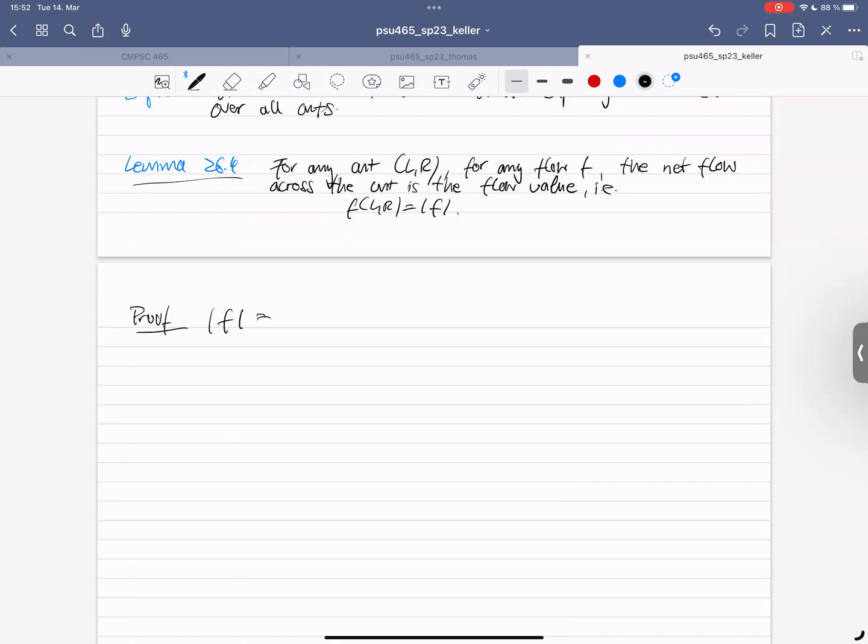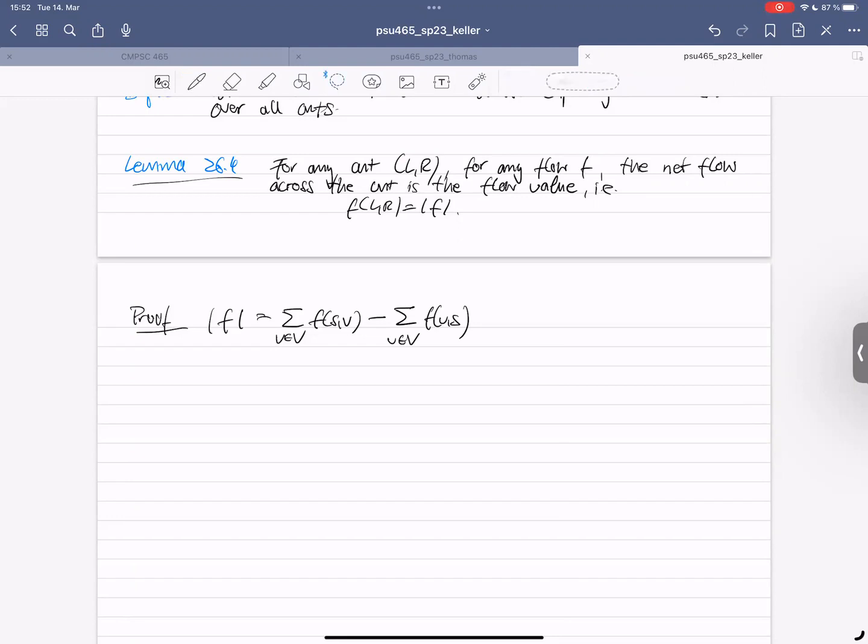So this is the same as the sum over all vertices V of the flow from S to V, minus the sum over all V of f of V S. This is just the definition of our flow value.